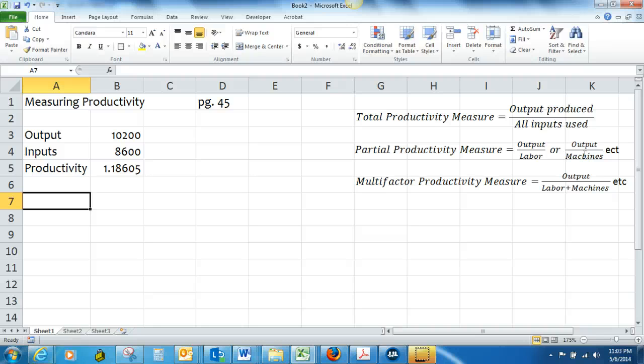So that's going to be our next measure here. So if we keep on going, the next example, we're looking at a bakery. A bakery oven produces 346 pastries in 4 hours. What is its productivity?